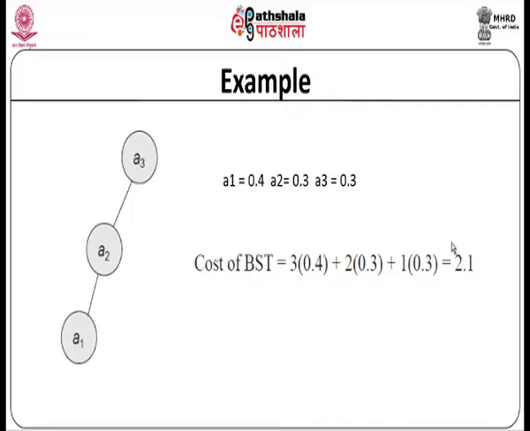So, in this particular case, A3 occurs in level 1, so it is 1 into 0.3.